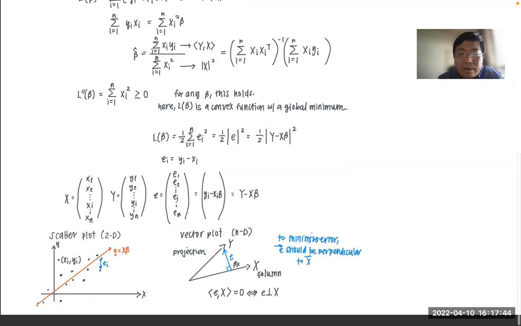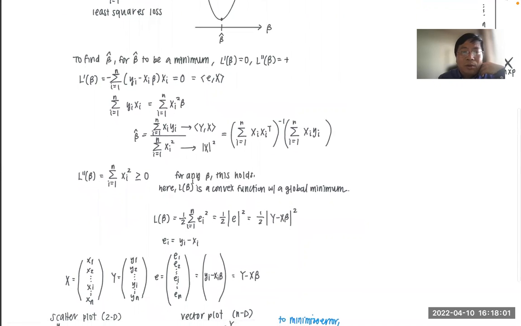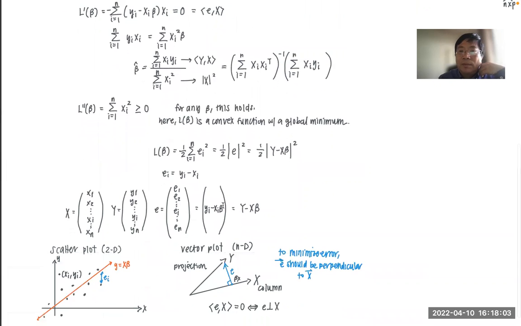And then you get this result. So that is our geometric understanding based on this vector plot. It also gives us a geometric interpretation for the least square estimator, and also this orthogonality condition. Okay.